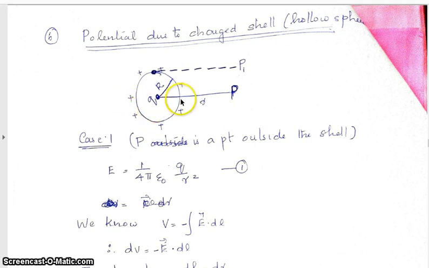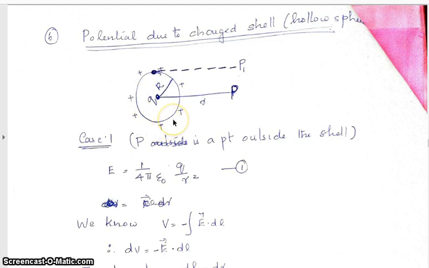Now, this is the center point of my sphere, and this point is exactly the symmetric point of this one. Here the calculation is initially done on the assumption that the charge is placed at the center, Q. You should never misunderstand that inside the sphere there is a charge.